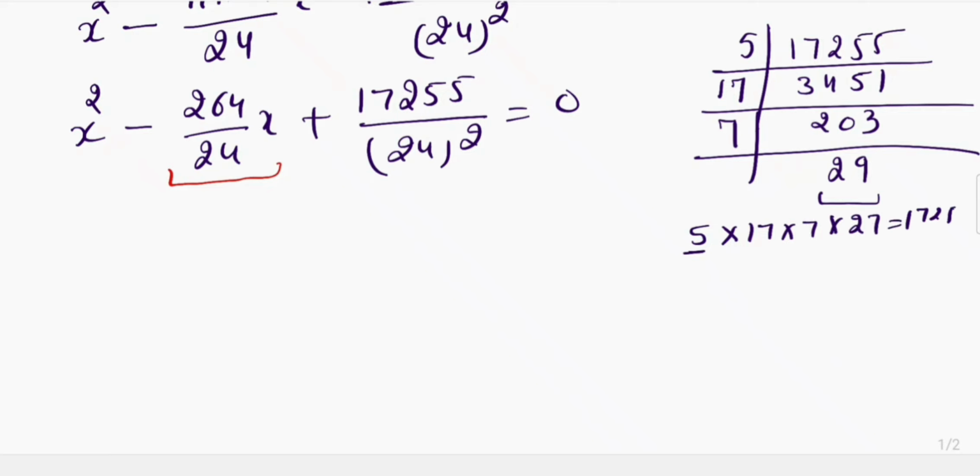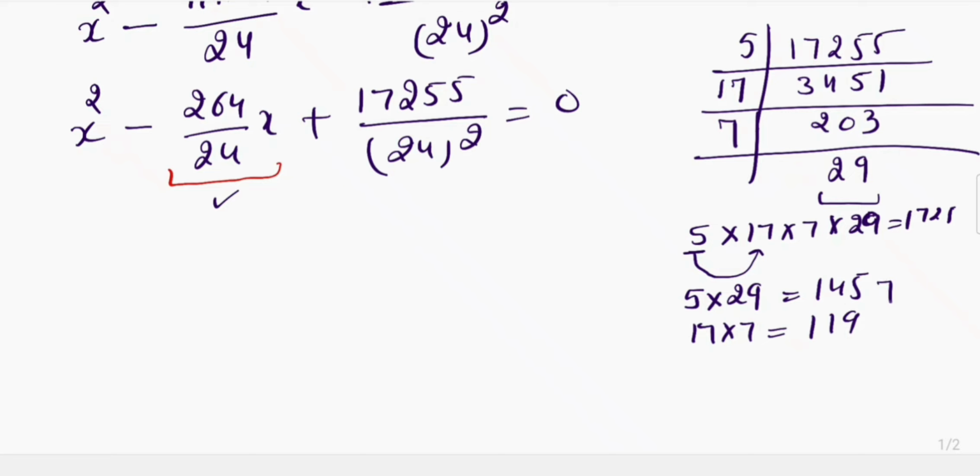If I multiply all these numbers, I get 17255. Now we rearrange these numbers. Multiplying 5 with 29, I get 145, and 17 into 7 is 119. If I add these two numbers, I get 264. So my two numbers are -145 and -119, and when we multiply them, we get 17255.